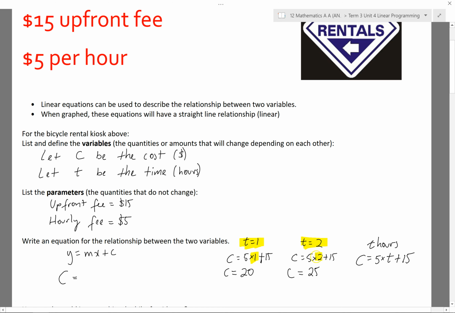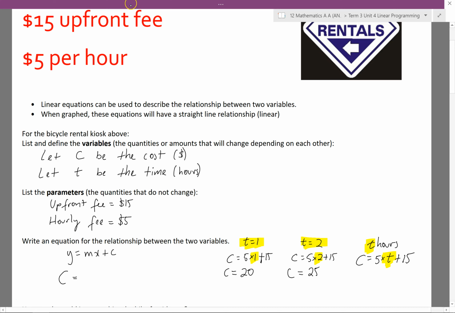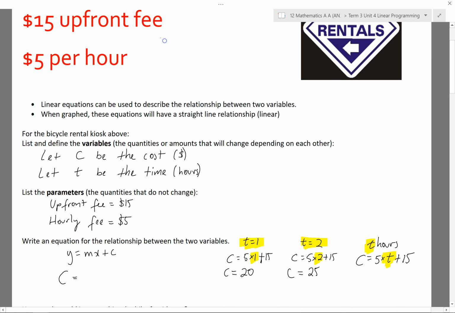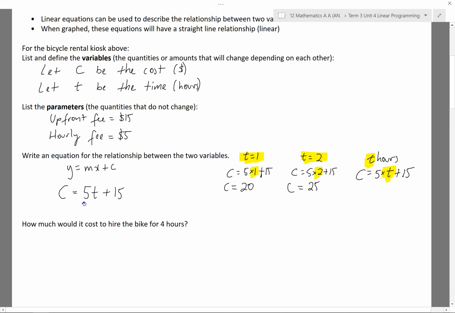When T equals 2, the 2 is there. When it's just T hours, the T goes in there. So my relationship between the two variables will be that the cost equals 5T plus 15. In general, you can think of this as the per hour rate, and this is some initial charge, if that helps out.